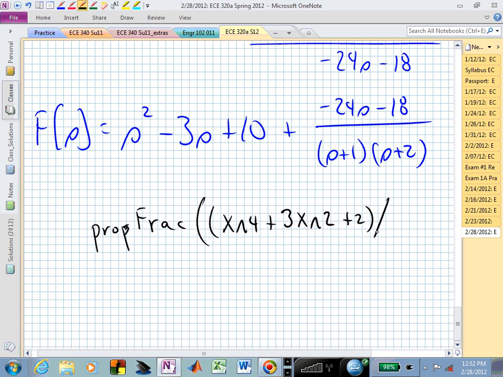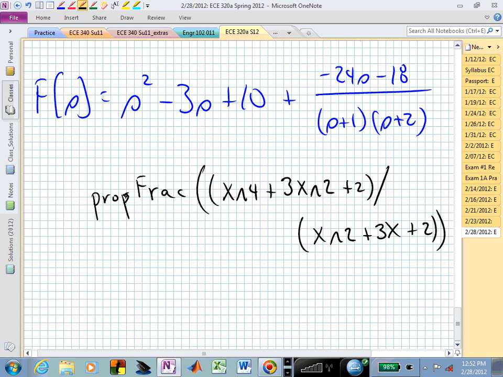And then I would divide that by the denominator, which was x squared plus 3x plus 2. And hopefully that would give me the correct answer. It'll do the whole thing for you.